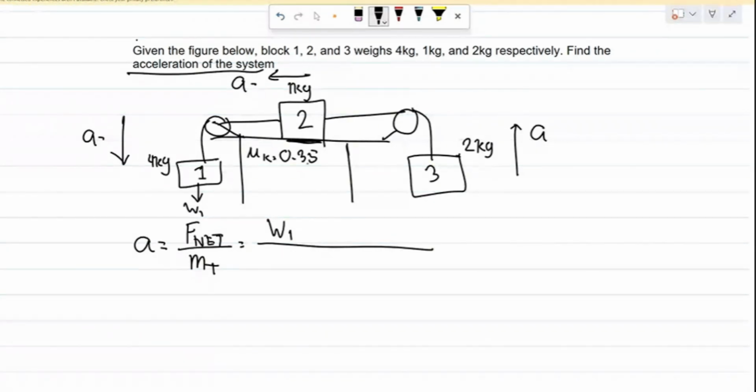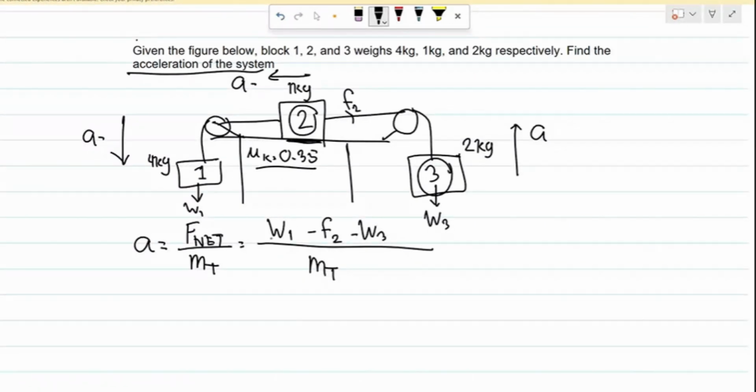Who opposes it? For block 2, because of friction, it is the friction of block 2, F sub 2. For block 3, the opposing force is W sub 3, all over the total mass.